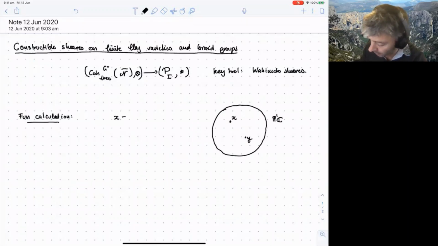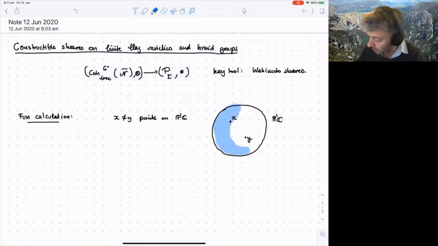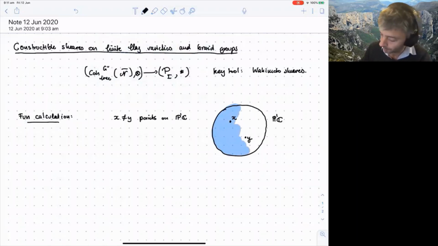So we fix x not equal to y, points on P1 of C. So we can consider the following diagram.